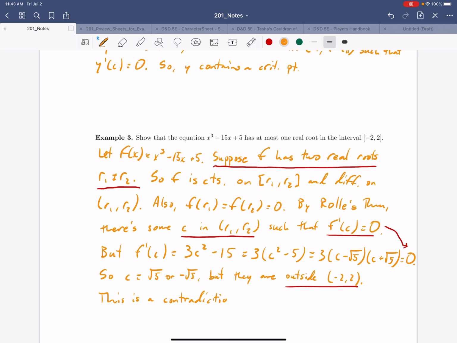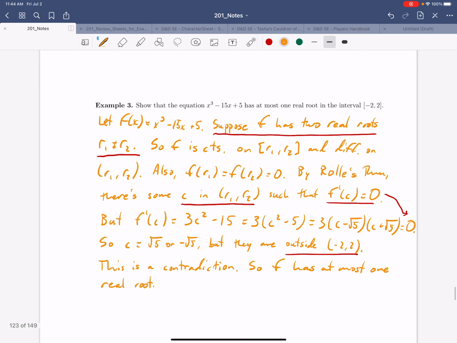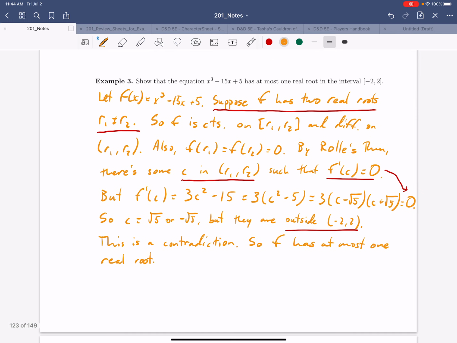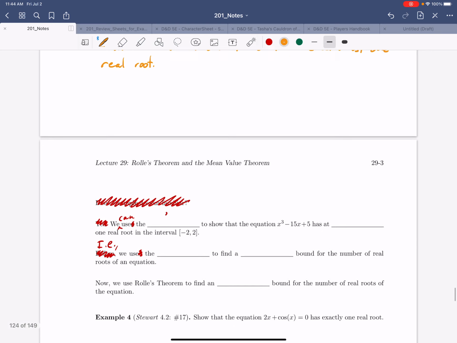Since all of our logic was correct, our assumption must have been wrong. So f has at most one real root. A little bit long, a little bit involved, but that's how you do this sort of problem. Okay?